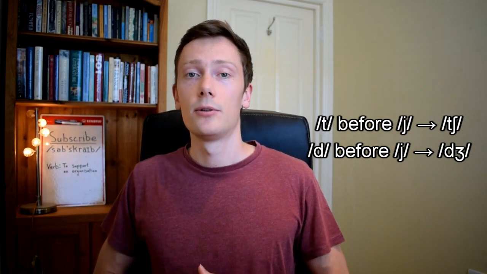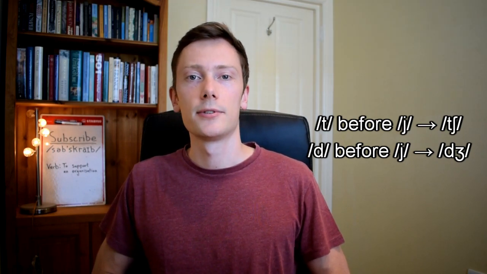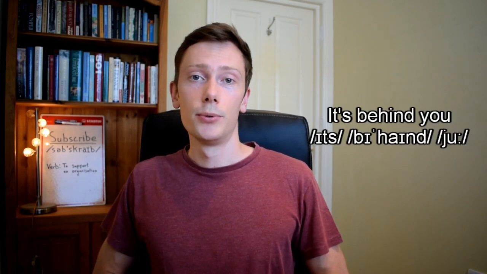Sometimes both sounds are replaced. This is known as reciprocal assimilation, and it commonly occurs when the second word starts with the y sound. When the first word ends with the t or d sounds, they are replaced with the ch or j sounds. For example, it's behind you.